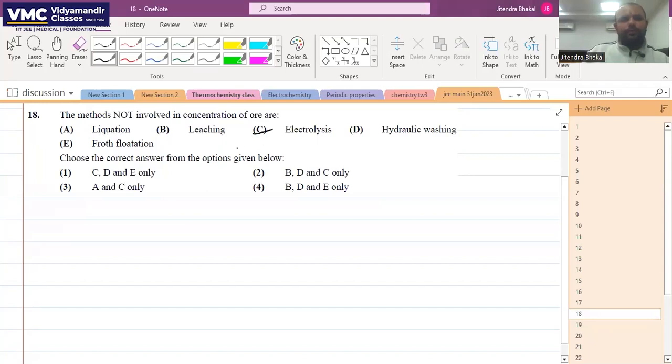Electrolysis also we do not use in concentration; we can use it in purification. So A and C. Then hydraulic washing we use in concentration, and froth flotation is also concentration. We need to choose those which are not involved in concentration. So option 3, A and C, both are not used in the concentration process. So 3rd is the answer.